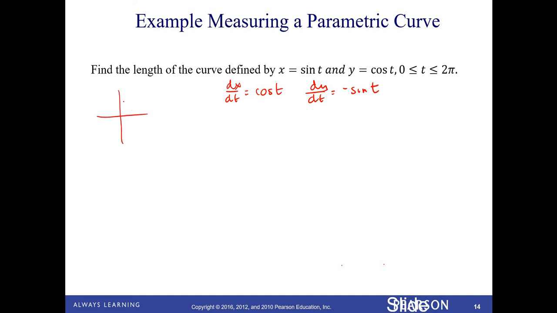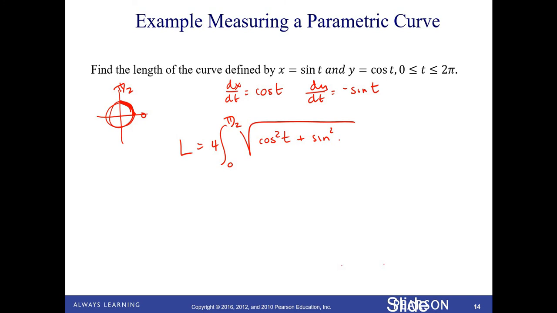This, we know from past experience, is a circle. So I could parameterize it all the way from 0 to 2 pi, but if I just find the length from 0 to pi over 2 and multiply it by 4, I'm in good shape. So the length equals 4 times the integral from 0 to pi over 2 of the square root of (dx/dt) squared plus (dy/dt) squared.